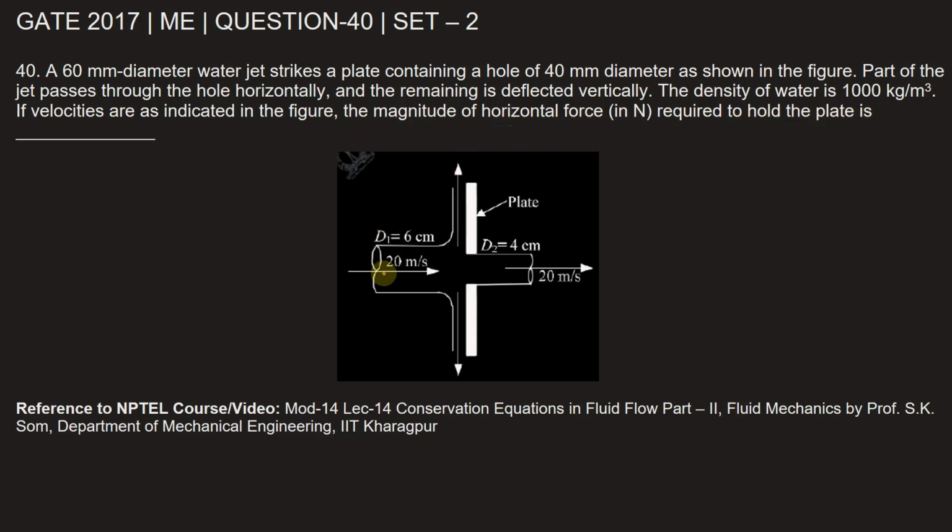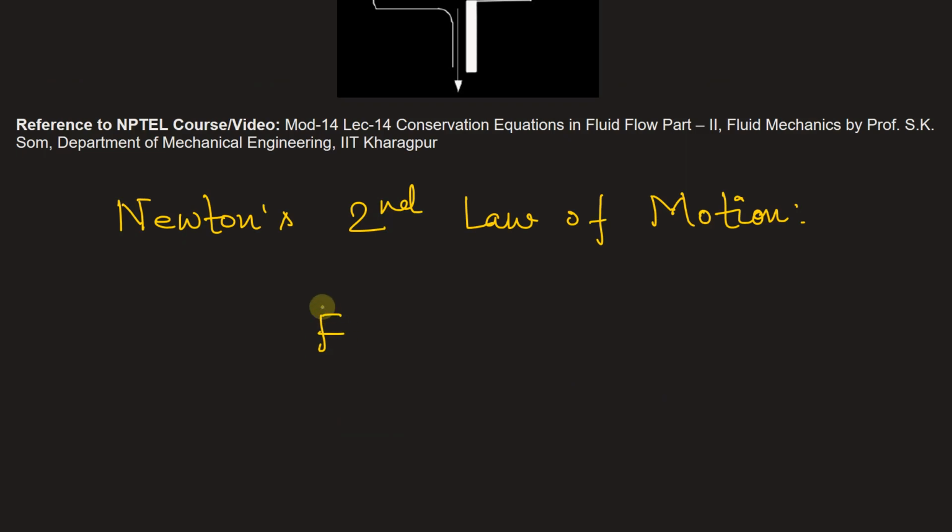so we need to find the force in x direction or the horizontal direction such that this plate can remain in its position. From Newton's second law of motion, we know force is equal to change in momentum. Now in this case, we can write the change in momentum in x direction because we need force only in x direction.